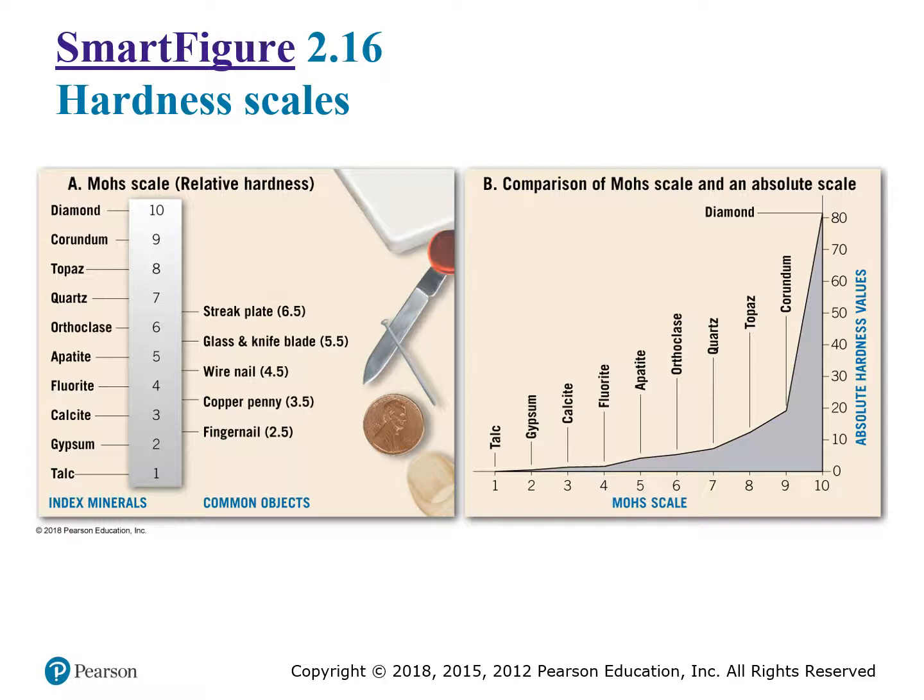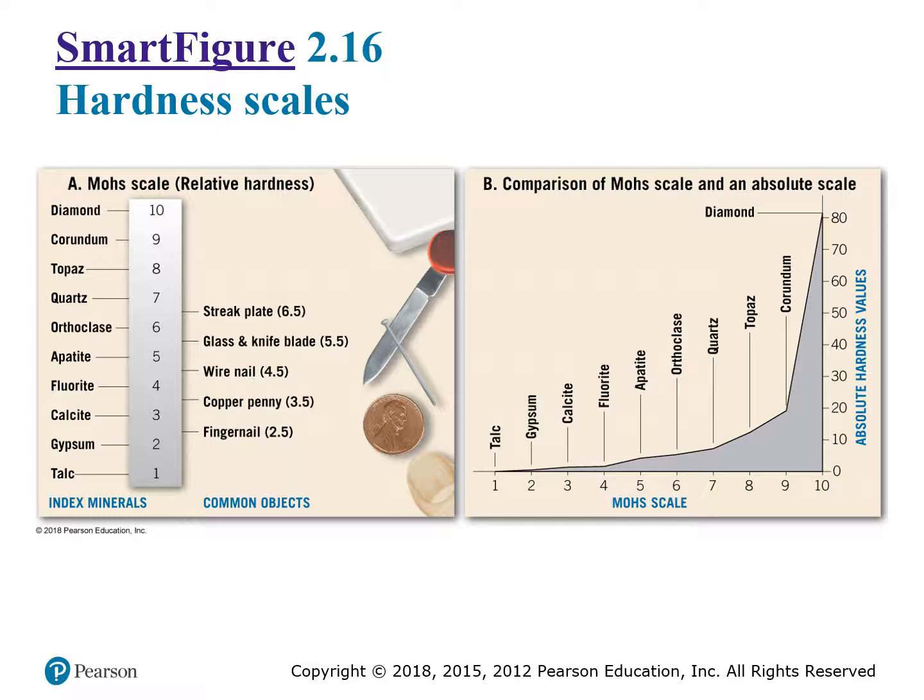Looking at hardness again, this is a scale called the Mohs scale of hardness, which gives us relative hardness on a scale of 1 to 10. As I mentioned before, diamond is 10, talc is 1, one of the softest minerals, and then we go up the scale to various numbers.